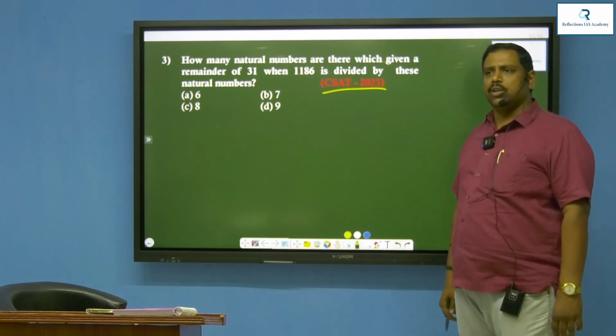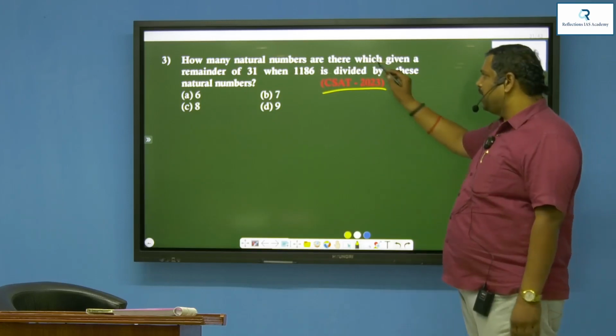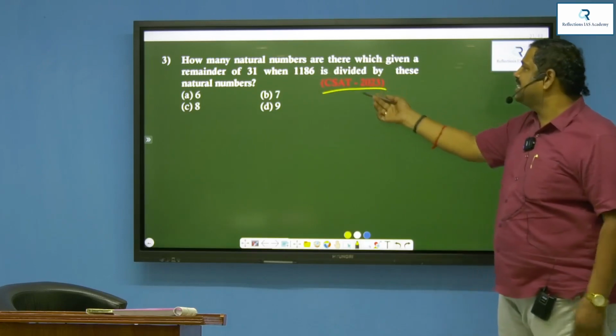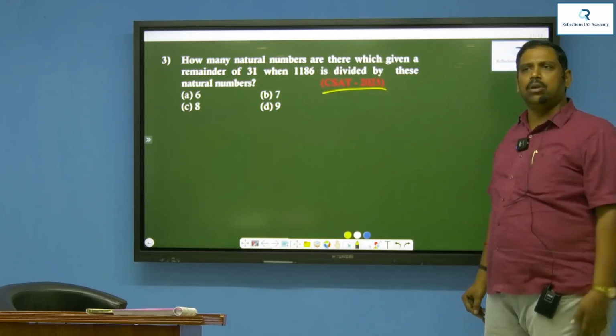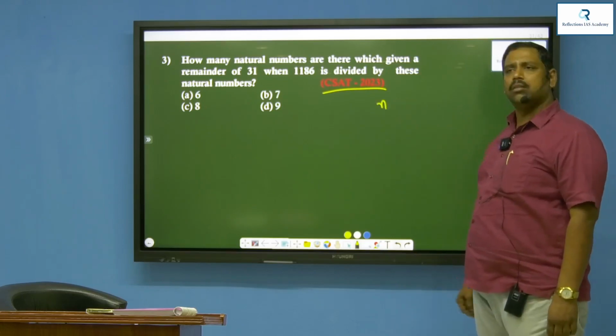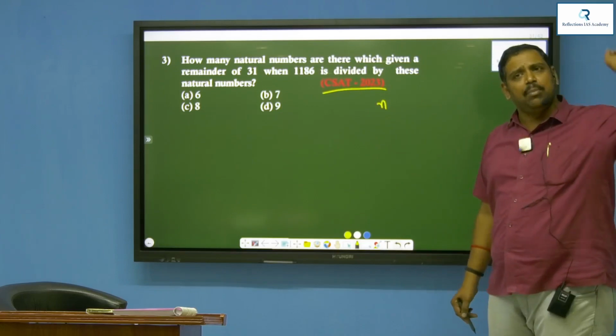You want to take some natural number such that when 1186 is divided by that natural number, what's the remainder? Suppose my natural number is n here. Is n divided by 1186 or 1186 divided by n?